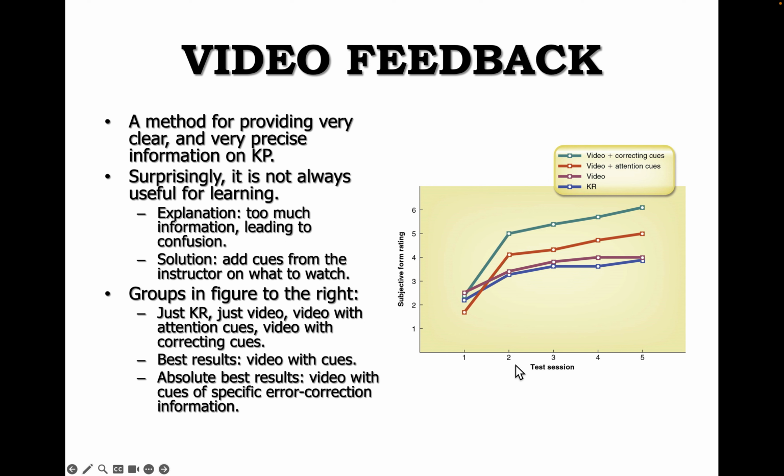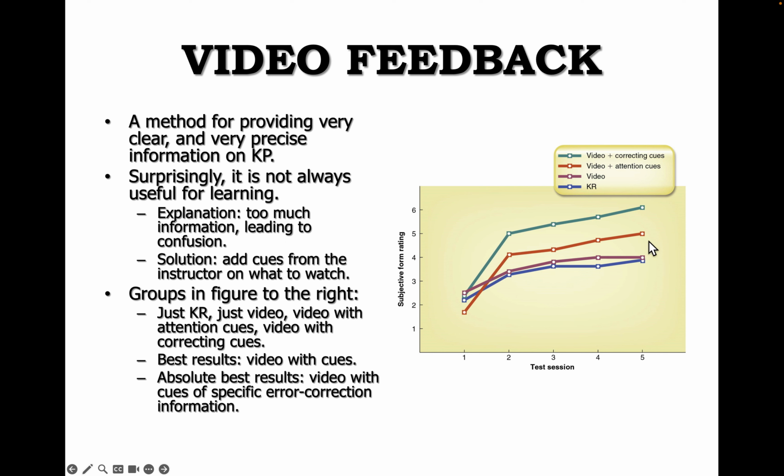In the test session, again, this is looking at number of trials. And what you can tell from this key and these lines is that if you got videos with some sort of cues or feedback, looking at the red and the green line, you performed better and learned faster than if you were just given feedback about just watching the video, or if you were just given knowledge of results without any sort of video feedback.